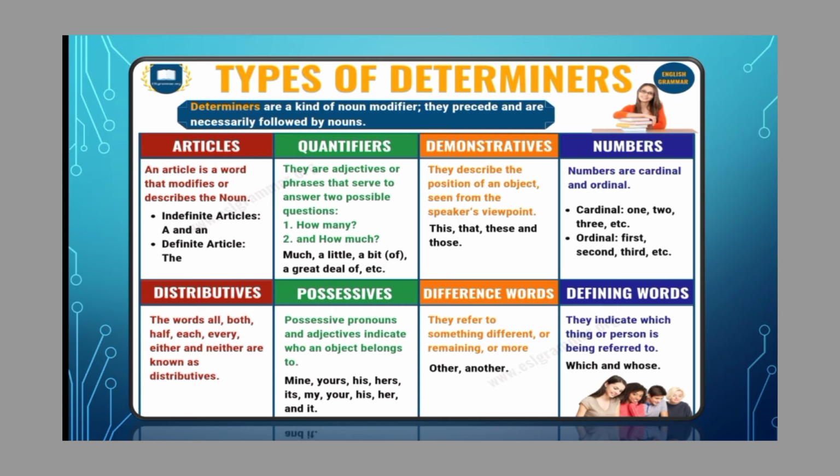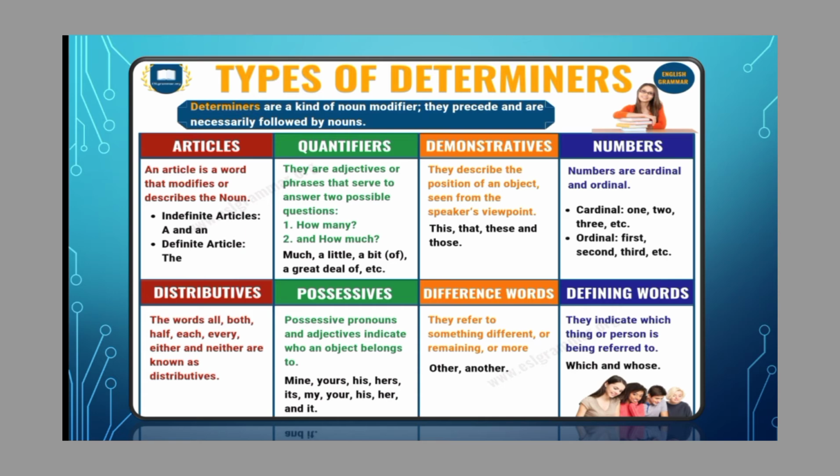And numbers. Numbers are cardinal or ordinal. Cardinal means 1, 2, 3, 4, 5, 6, 7, 8, etc. And ordinals means first, second. We call Roman numerals ordinals too, like first, second, third, fourth, fifth, sixth, seventh, eighth.